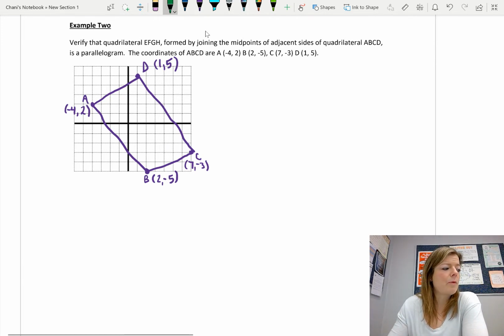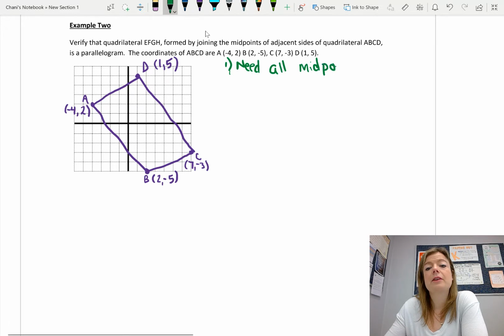Okay, so let's think of a plan first. Step 1, we need all midpoints, because they're not given to us. So we have to actually find them. Then step 2 is going to be show that opposite sides are parallel.